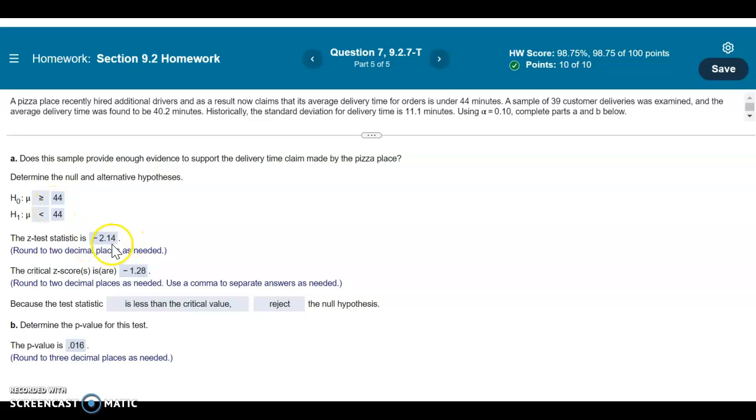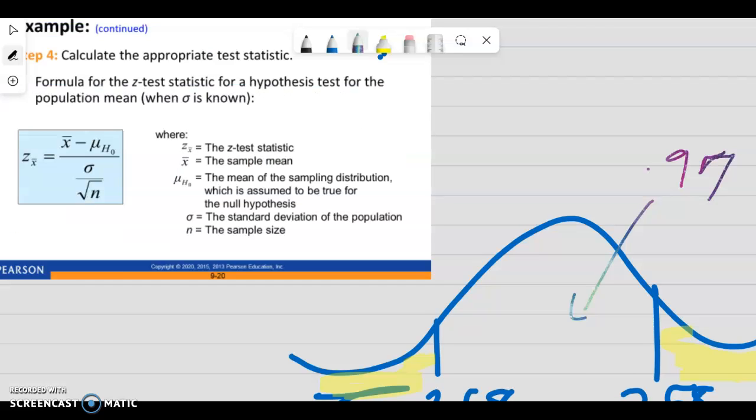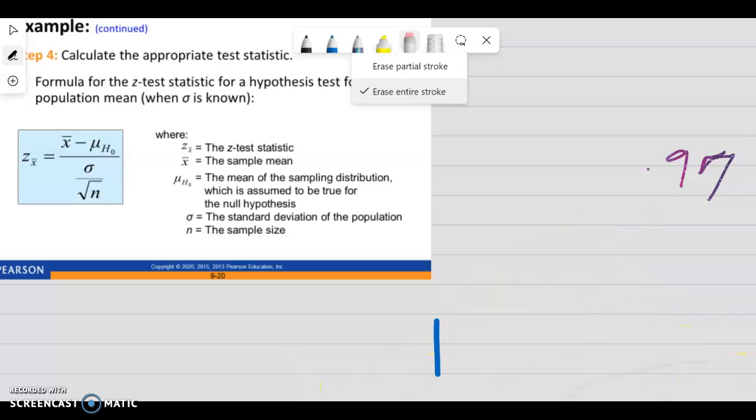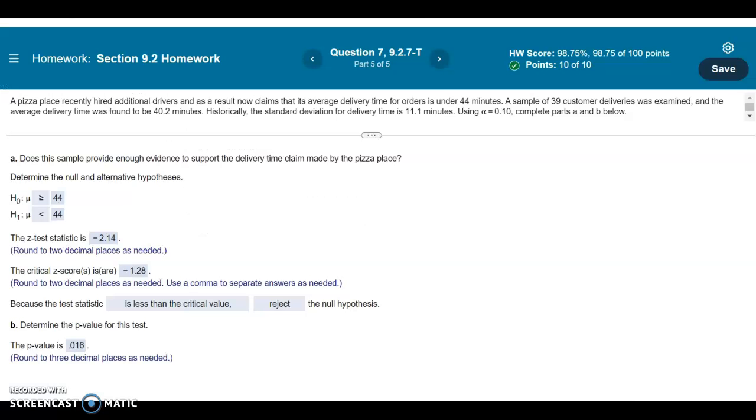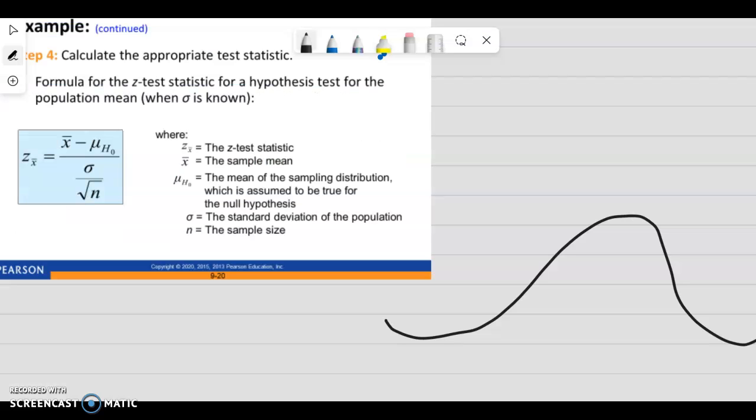Our test statistic is negative 2.14. Now that you know how to do the test statistic, I'm not going to use the formula. Just assume we used it already. And the alternate says less than 44. So it's a one-tailed test and it's the less than. So this is the rejection area.